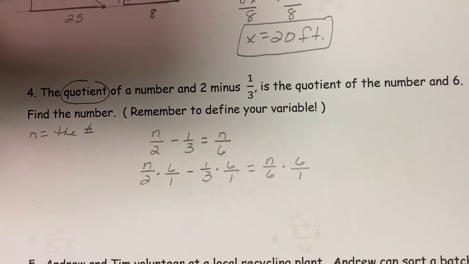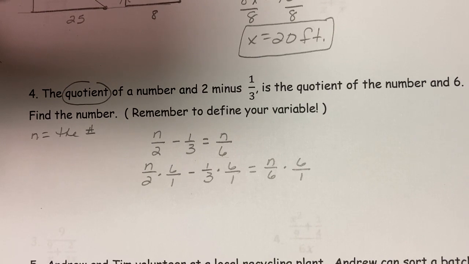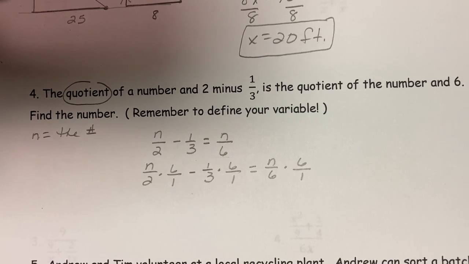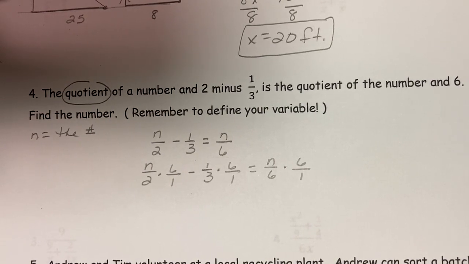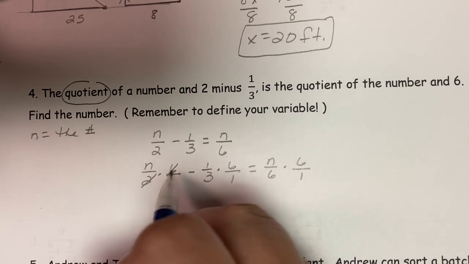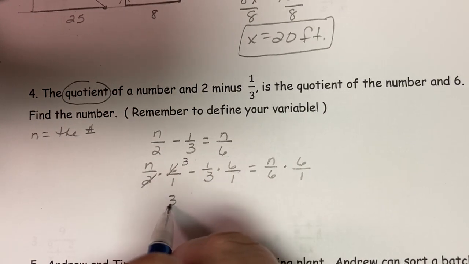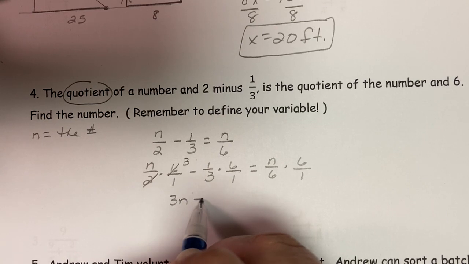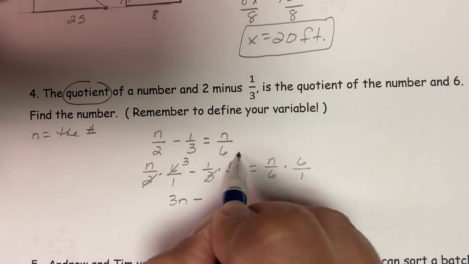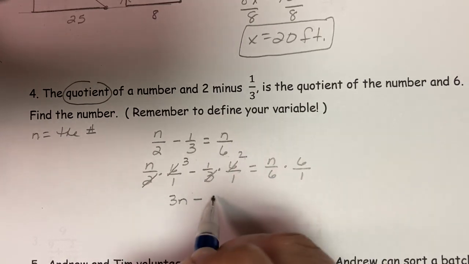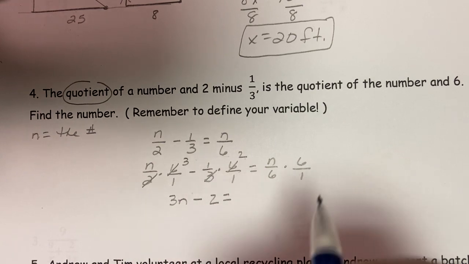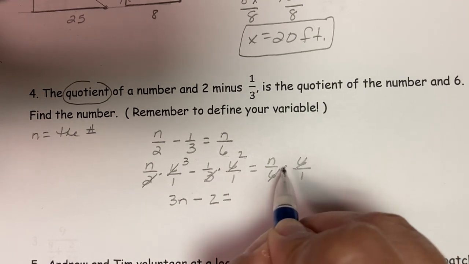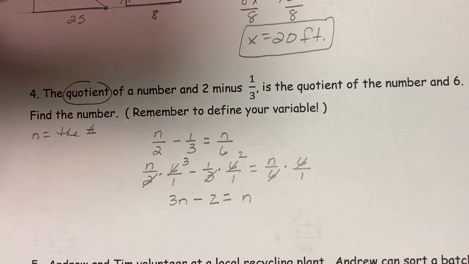So we're using the method that we learned in 7.5. Now when we're done with this, all of our fractions should cancel. So 2 cancels into the 6 3 times, leaving me with 3n minus, here the 3 cancels into the 6 twice, so 2 times 1 is 2, is equal to, here the 6's cancel, leaving me with simply an n.